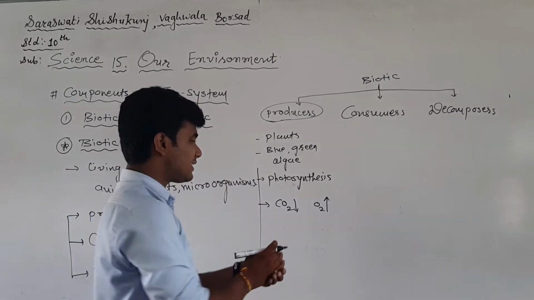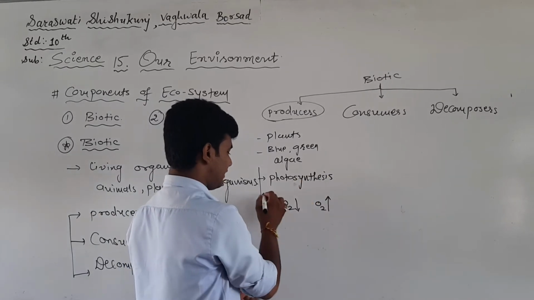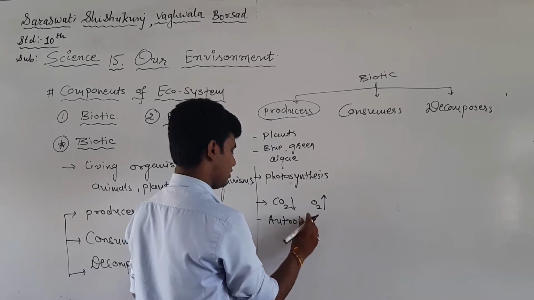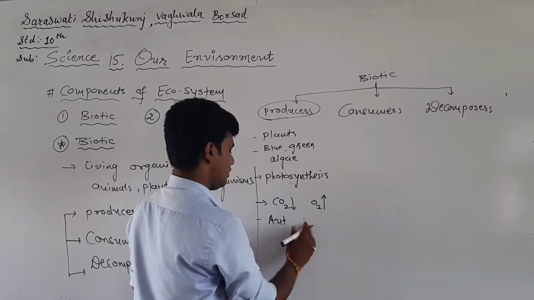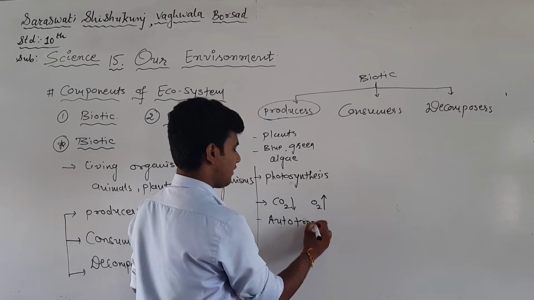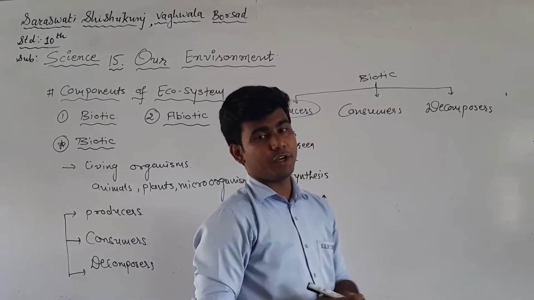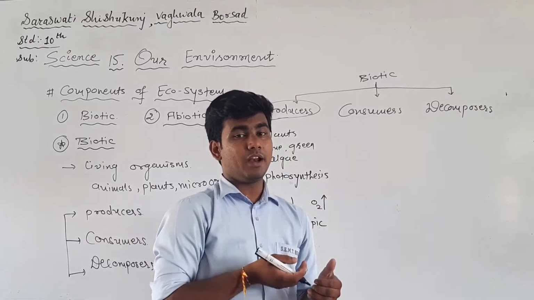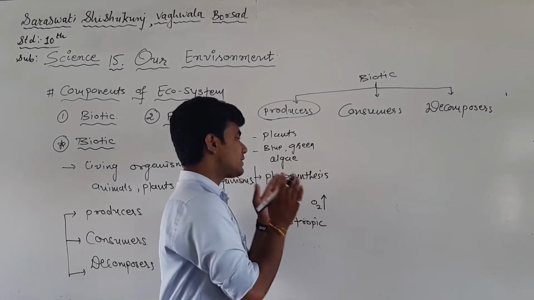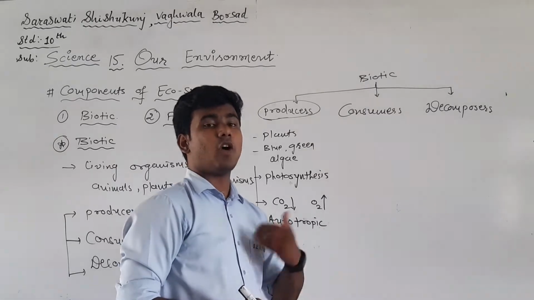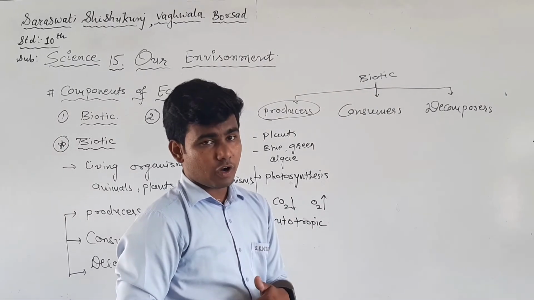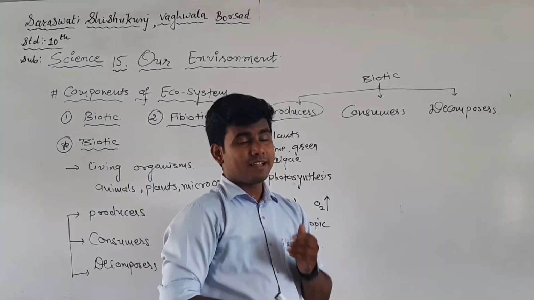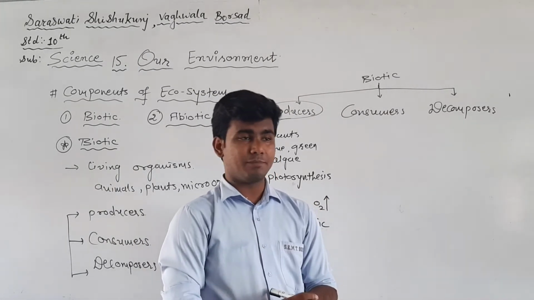As they are doing the photosynthesis process, we can also say that they have an autotrophic mode of nutrition. Autotrophic mode of nutrition means auto means self and trophic means to gain nutrition. So as they are plants and blue-green algae, they will be autotrophs, and all of the autotrophs do the photosynthesis process, and by it they are able to prepare their food by themselves.